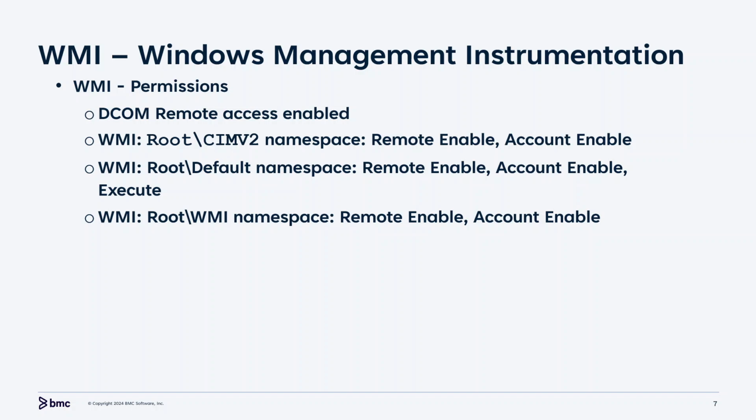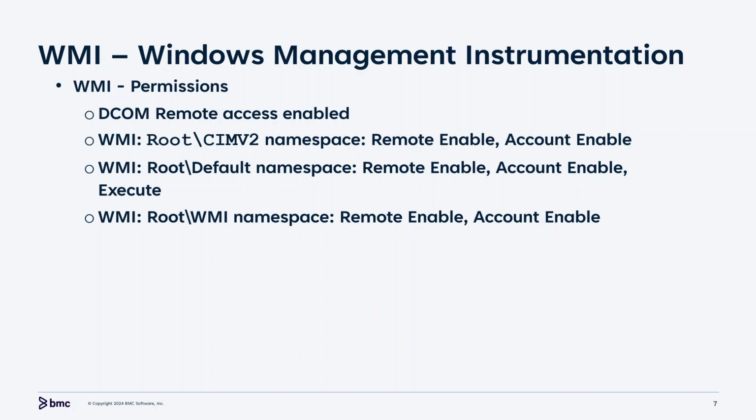Remote WMI connections are made through the Distributed Component Object Model, which is commonly known as DCOM. When a certain discovery method fails for any reason, the fallback methods used are RemQuery and PowerShell.